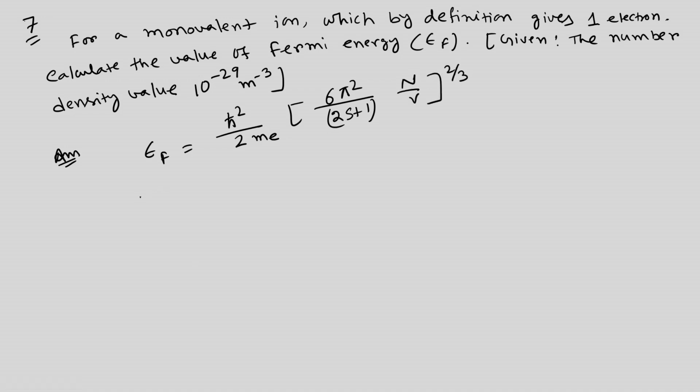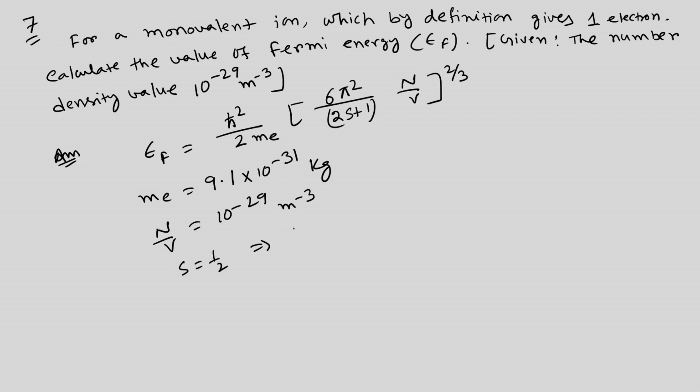So me is the mass of electron, and the mass of electron is 9.1 times 10 to the minus 31 kg, and n by v is also given 10 to the minus 29 meter to the minus 3. Okay, and s is half, so 2s plus 1 gives 2, right.